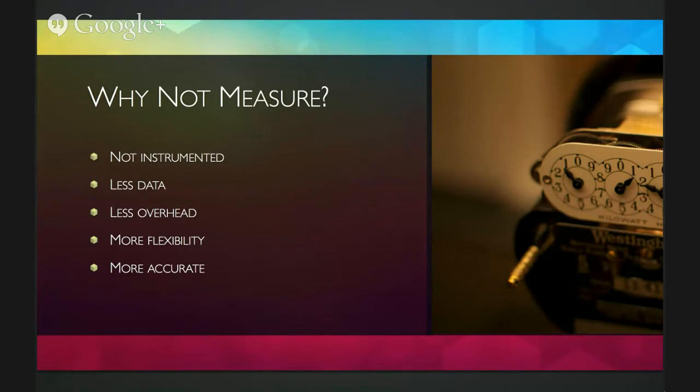And finally, in some cases, it's more accurate. CPU time is a good example here. A lot of work that's performed in the server could not be blamed on a specific query or classes of queries because of timing issues. A lot of work for an insert, for example, happens well after the insert completes.